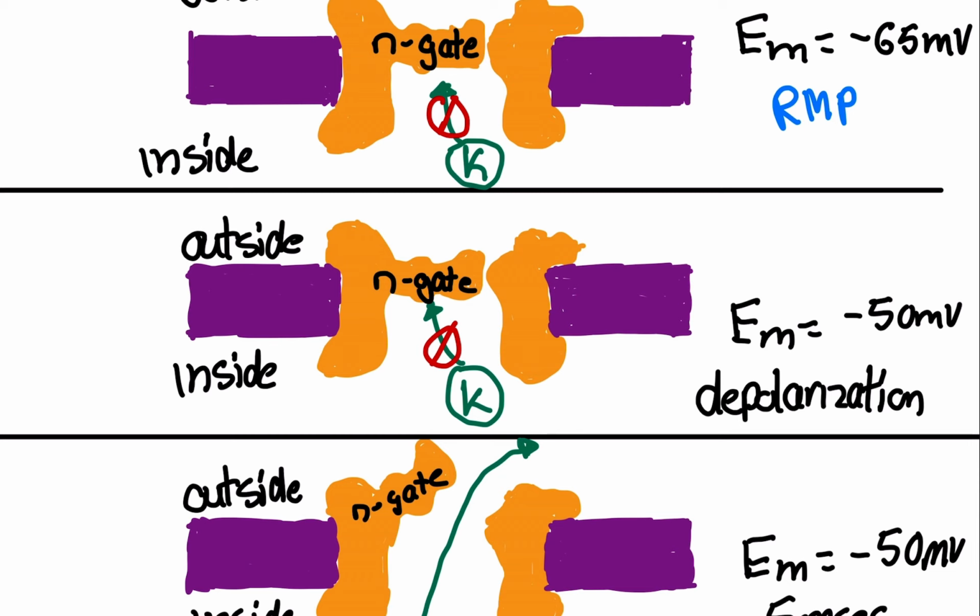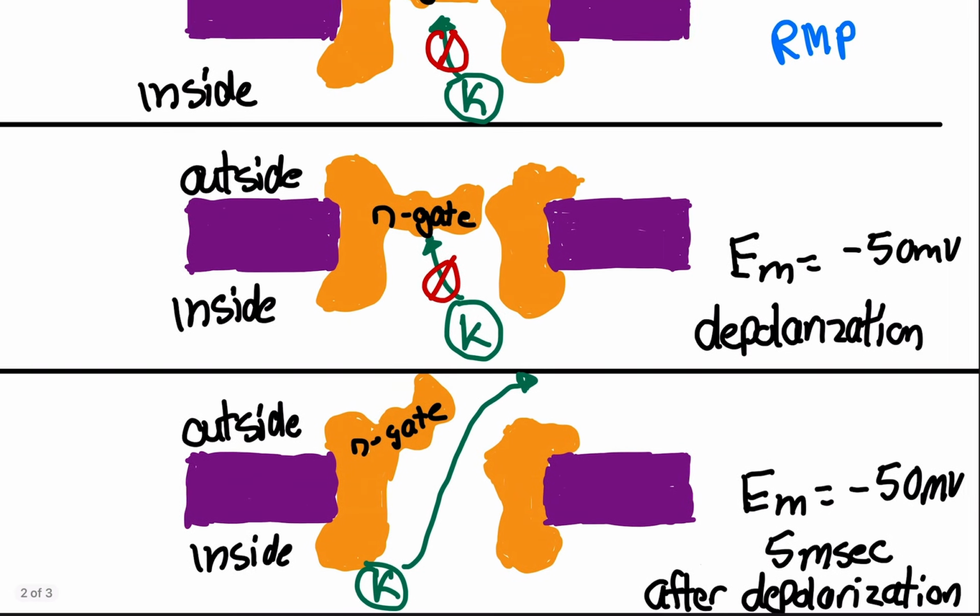The main thing about it is it's slow to open. Sodium channels, when exposed to depolarization, when the voltage changes, open up immediately. With potassium, the channel opens very slowly. I'm going to show you the graph, and it's going to make more sense. But all you need to know is that at depolarization, it's closed. So the N gate is closed.